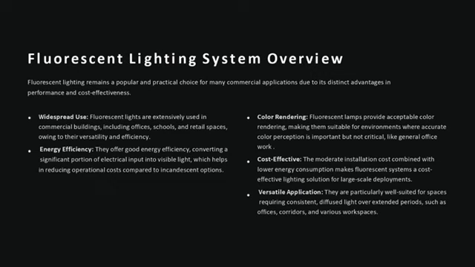Color rendering: fluorescent lamps provide acceptable color rendering, making them suitable for environments where accurate color perception is important but not critical, like general office work. Cost effective: the moderate installation costs combined with lower energy consumption make fluorescent systems a cost-effective lighting solution for large-scale deployment.